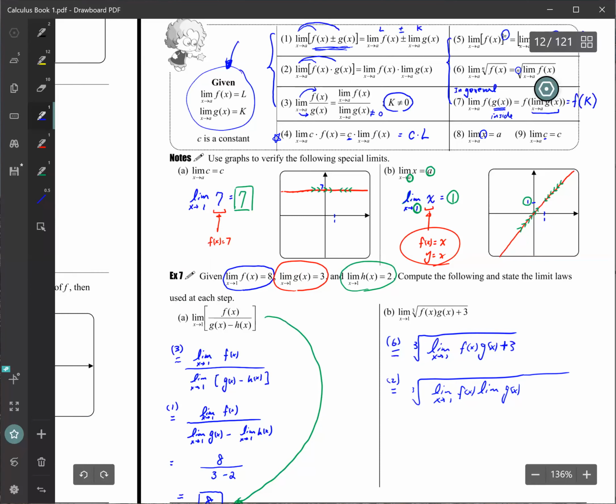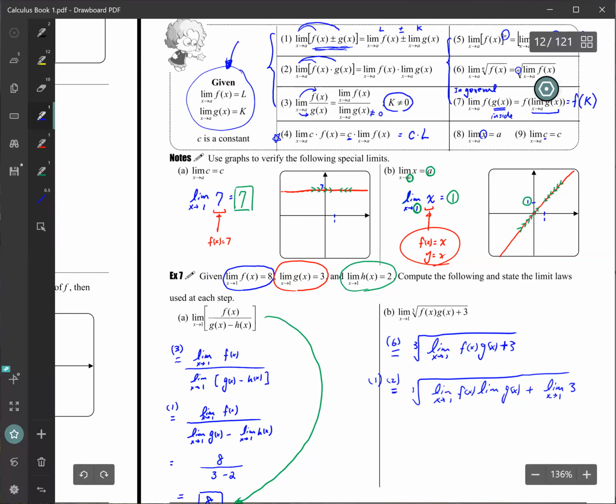Oh, I missed that. Oh, whoops. I think you can still put adding the limit as x approaches 1 and 3. Okay. And what law would you be using then? That would be the first law. Okay. So here we are applying law number 1 and 2 at the same time.